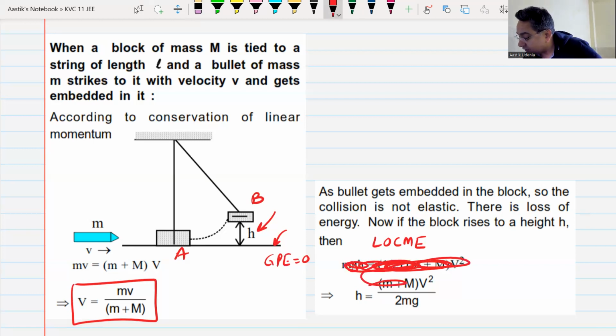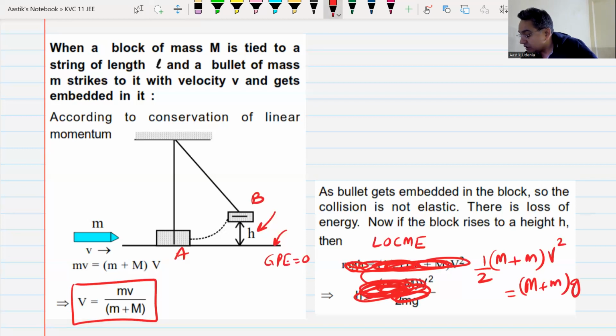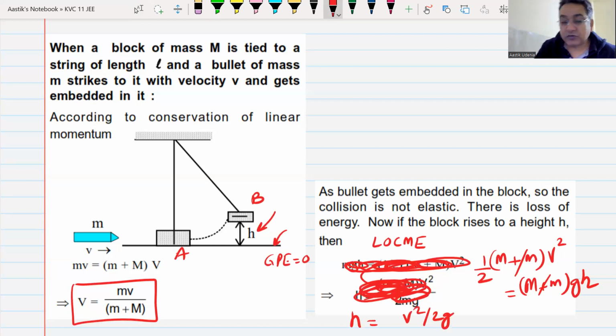So you can apply the law of conservation of energy from the initial point. What is the energy? Half M plus m into V square that we have got. At the highest point, the energy is M plus m into g into h. You can cancel this M plus m. You will get h as V square by 2g. So up till what height will the system rise? V square by 2g. Do we understand this?